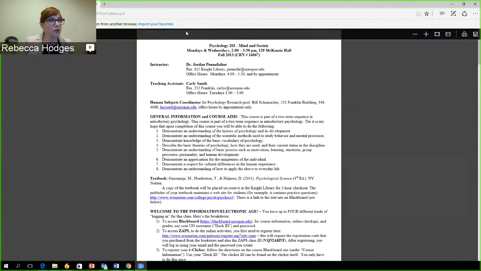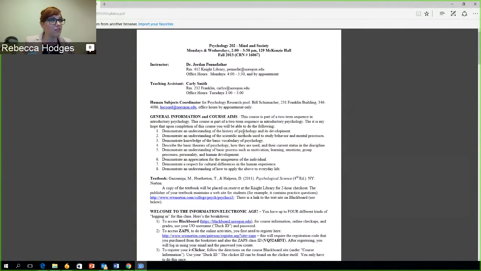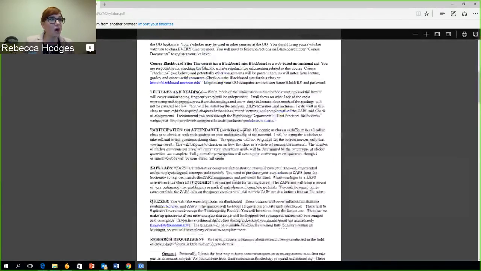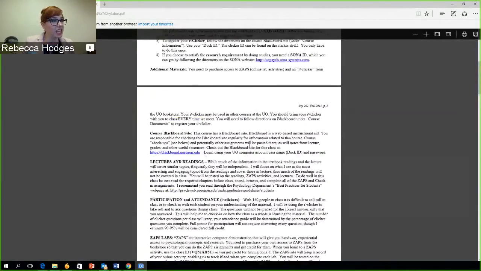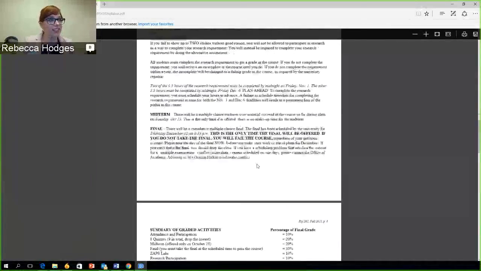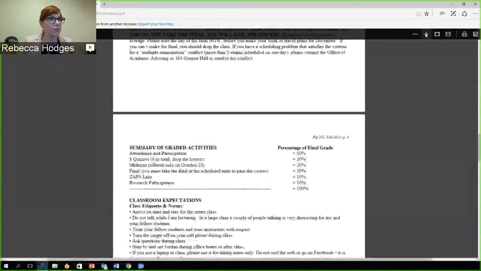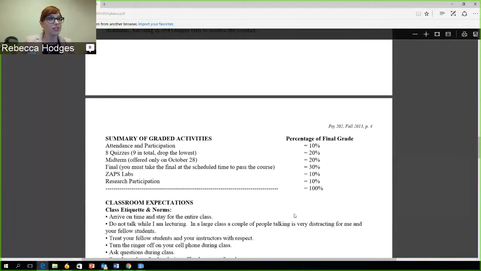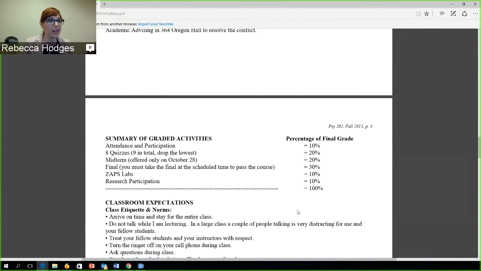So it has some important information here, like the professor's office hours, all of the assignments and exams for the course, but it also has some important information here. The percentage that each assignment, quiz, or test has towards your overall grade. So how much it's contributing to your grade overall in the course.